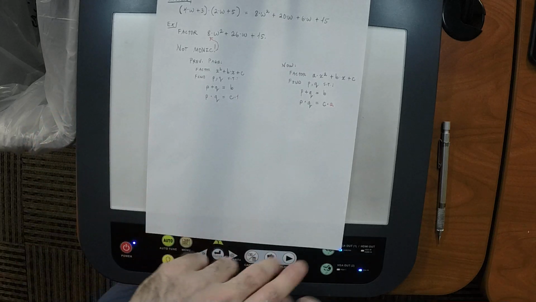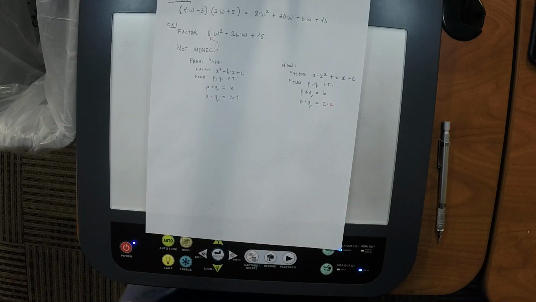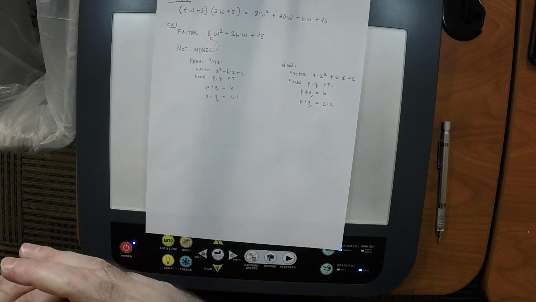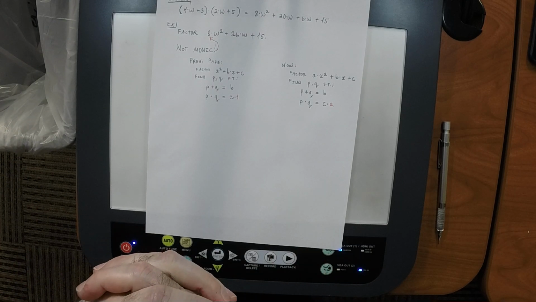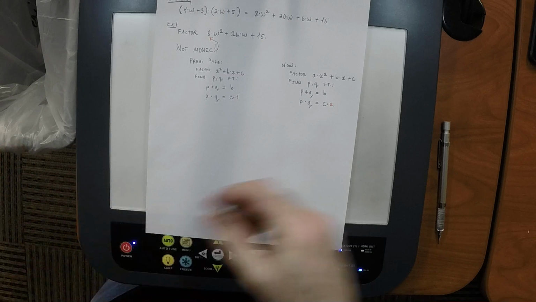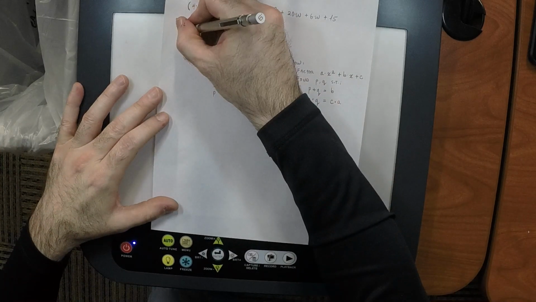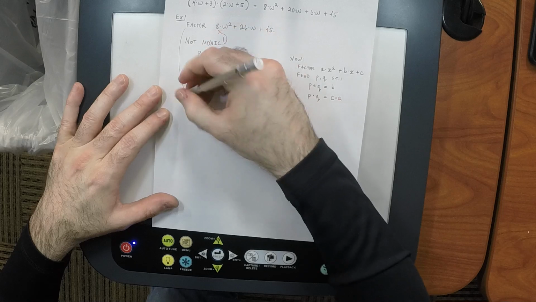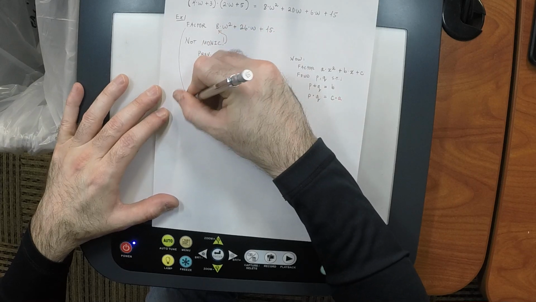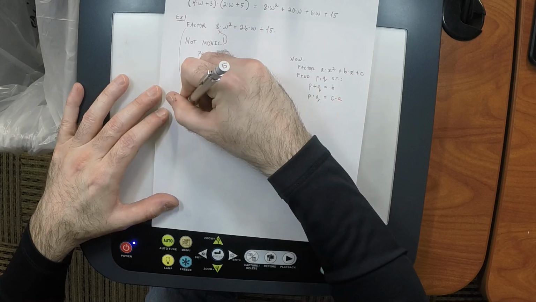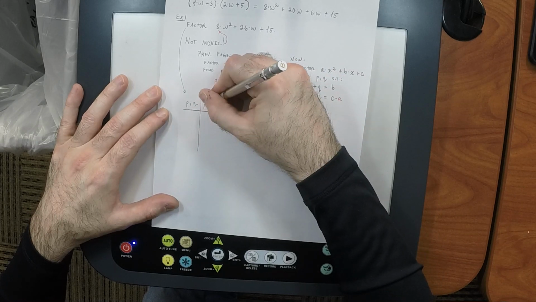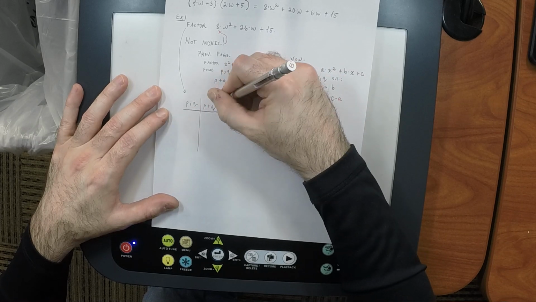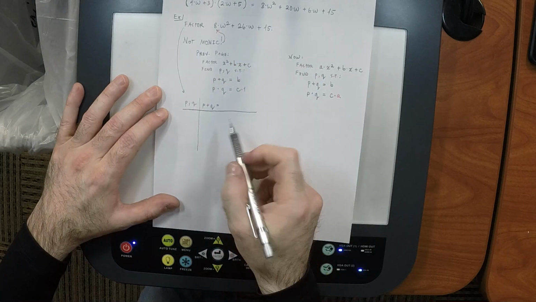So the exact same technique of making a table and finding two numbers still works here. It's just that now we're looking for a different product. Okay, so now we're going to make our search. We want to find two numbers, p and q, and on this specific exercise we want p plus q to be what?